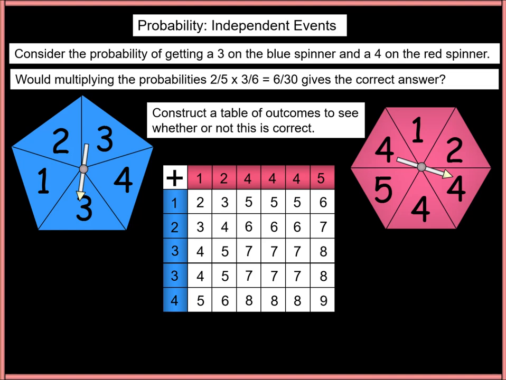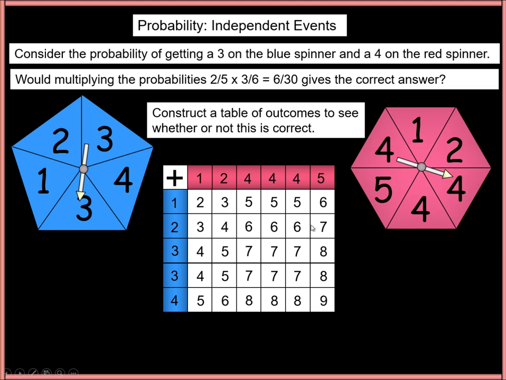Good. Hopefully you got all those right. And if we check, probability of getting a 3 and a 4. 3 add 4 will give me 7. So a 3 here and a 4 there. So these are the outcomes I'm looking for. 7, 7, 7, 7, 7, 7.